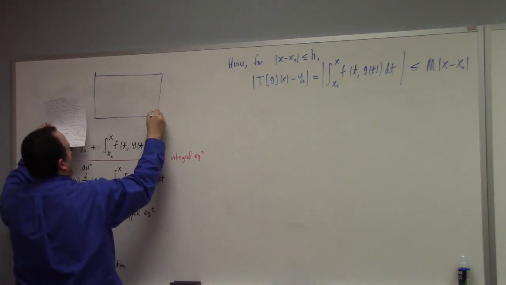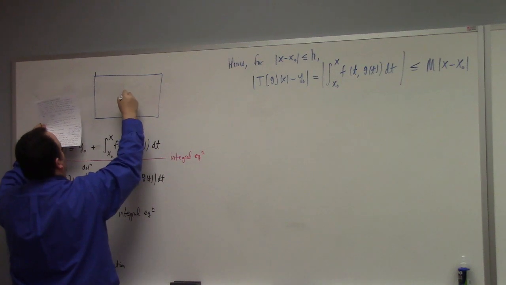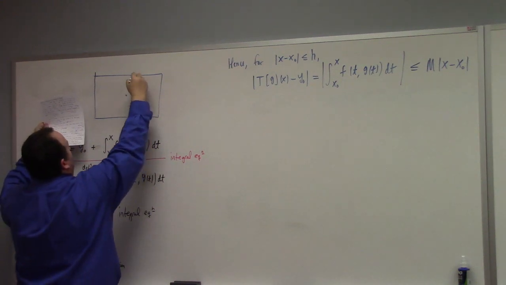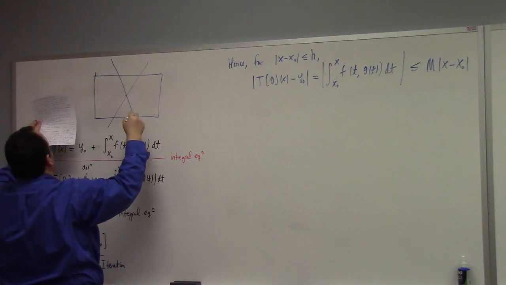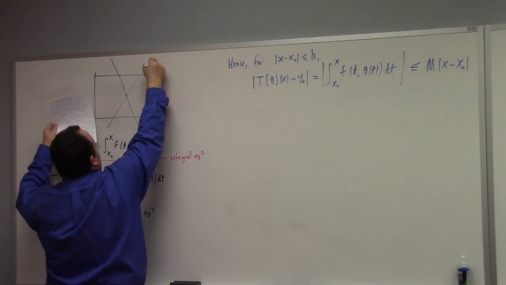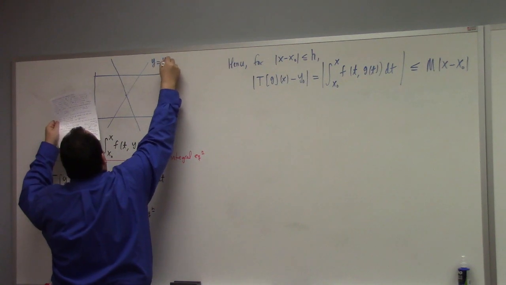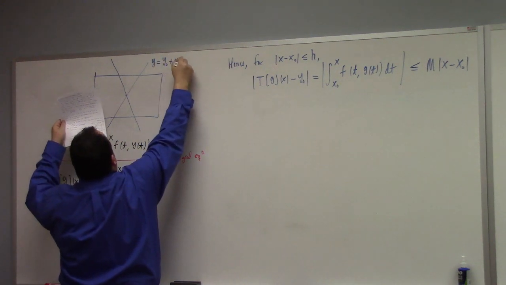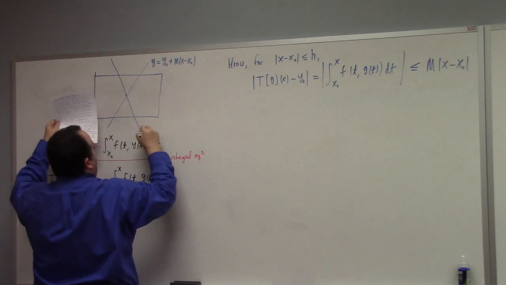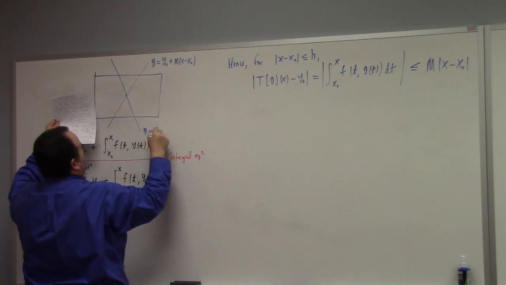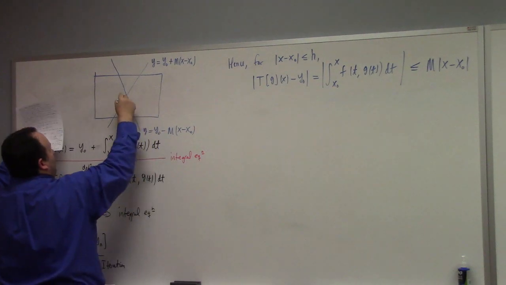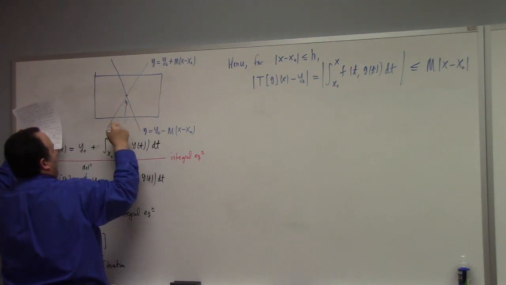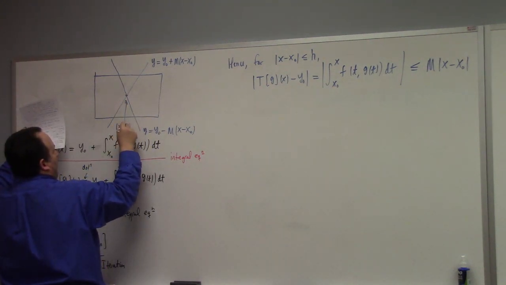Picture something like this. In the center of the picture, you've got the point (x₀, y₀). I'm going to insert a bow, like a fan here. This line is y = y₀ + m(x - x₀). This one down here is y = y₀ - m(x - x₀). The point in the middle, again, is the point (x₀, y₀).